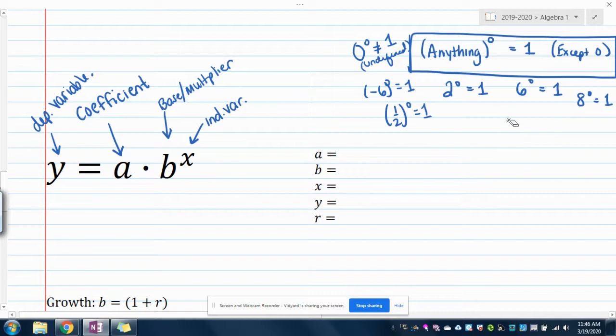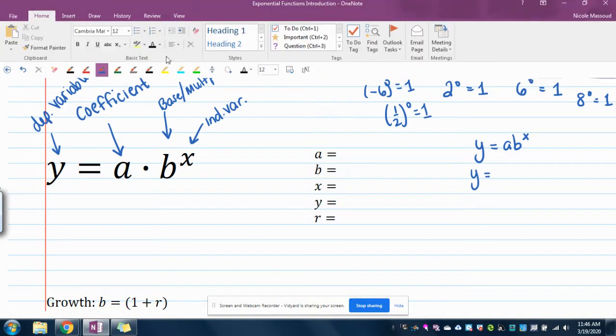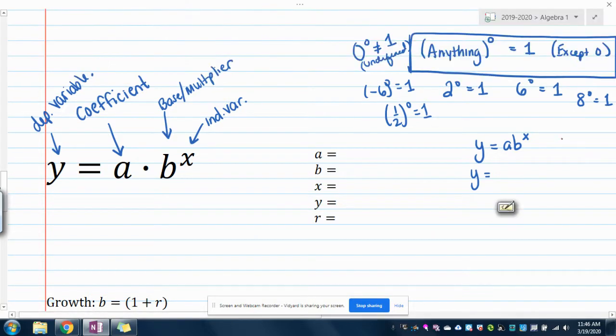So if I have y equals ab to the x, and I want to know what is my y-intercept. So y-intercept means x equals 0. That has not changed. So I have y equals, I'm going to rewrite this in red. So y equals what? Y-intercept, x equals 0, right?